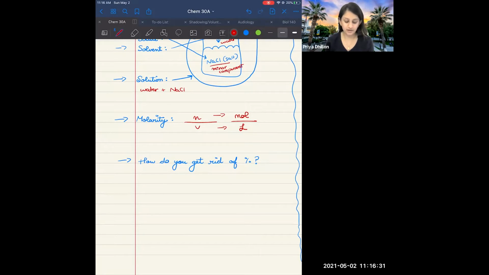And does anybody know how do we get rid of a percentage? If I had, for example, 50%, what do I have to do to get rid of that percentage and get just a basic number?